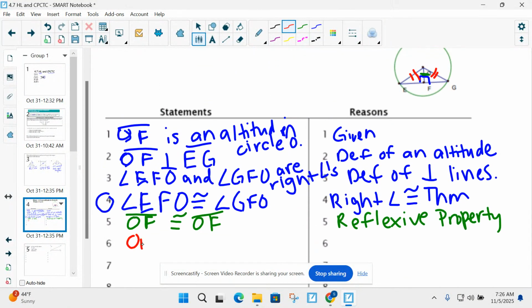So OE is congruent to OG because all radii in a circle are congruent.